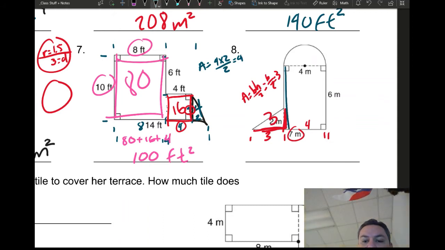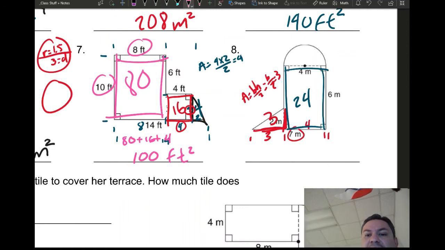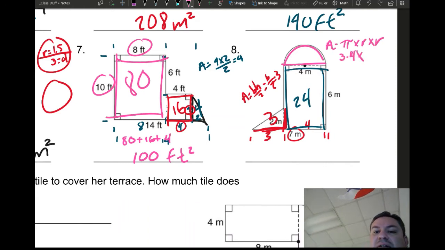Then I have a rectangle, which is 4 by 6, which is 24. And then I have a semicircle. Area equals pi times radius times radius. 3.14 times the number that they give me right here for the circle, which is 4, and that is the diameter.